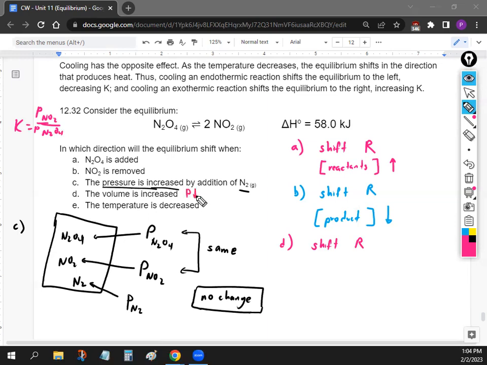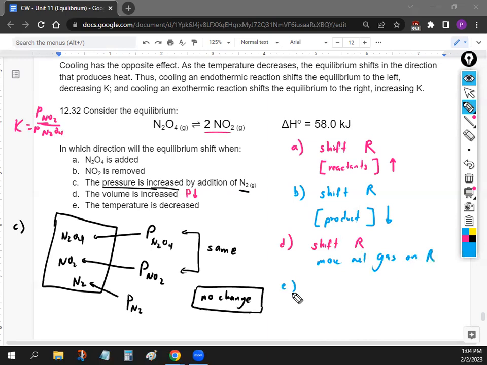Pressure goes down, so it's going to want to raise the pressure again. So it's going to shift to the side with more gas molecules. Sorry about that, guys, I got confused talking. Yes, exactly, because there are more moles of gas on the right.